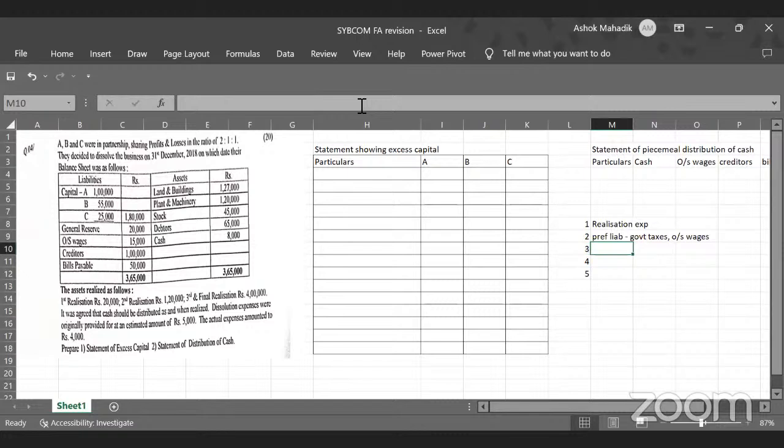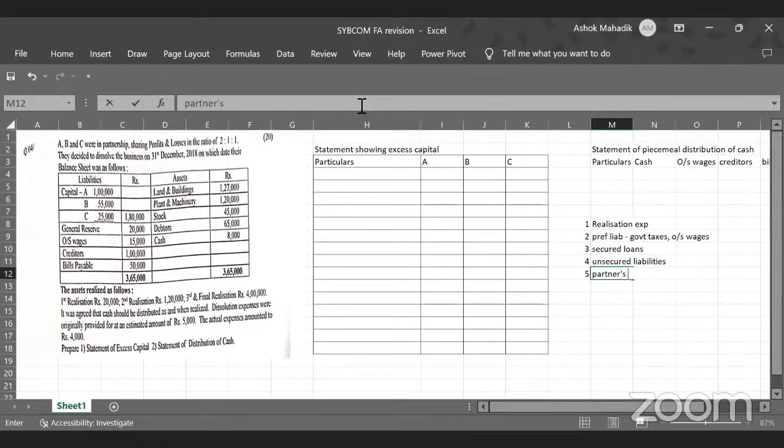Then we pay secured loans. Then we pay unsecured loans like creditors, bills payable. Then we pay partners loan, if at all any there.